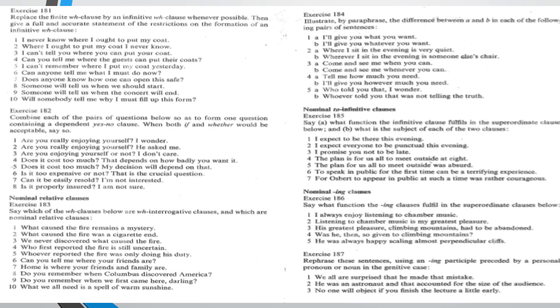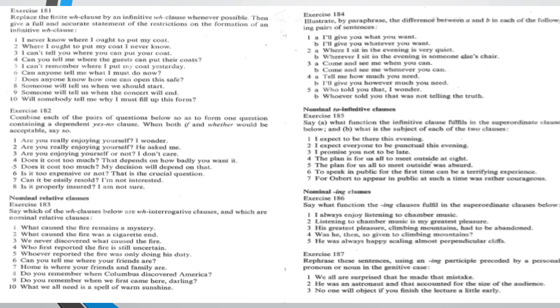In exercise 185, you have nominal to infinitive clauses. Say what function the infinitive clauses fulfill in the superordinate clauses below, and B, what is the subject of each of the two clauses. They mean the superordinate and the subordinate, the main clause and the minor clause or the secondary clause.